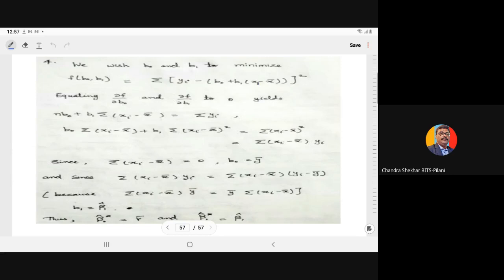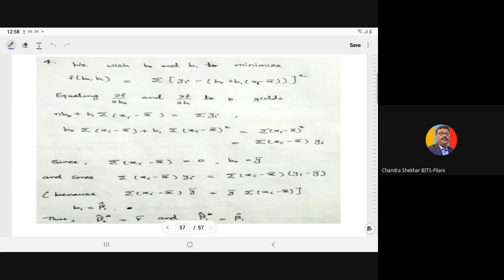When we compute del f by del b naught and del f by del b1 and equate to 0, we will get the normal equations. The first normal equation is n b naught plus b1 summation of xi is equal to summation of yi, and the second is b naught summation of xi plus b1 summation of xi square is equal to summation of xi yi.